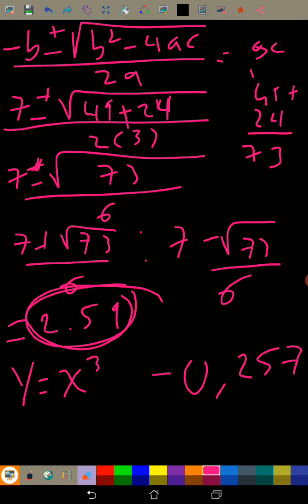So we need to have the cubic root of y. You see, and only then it's good.